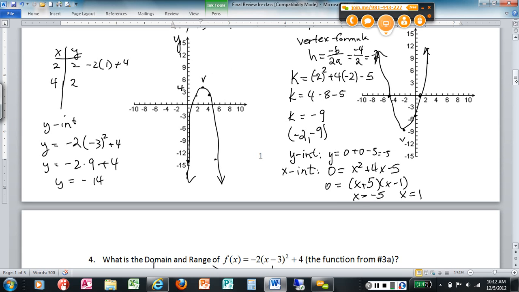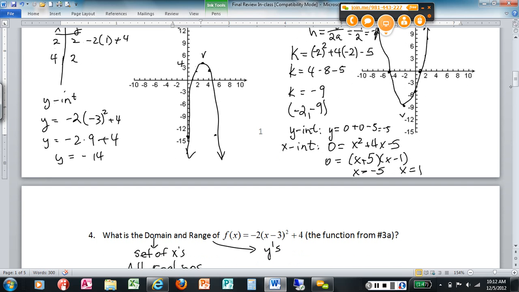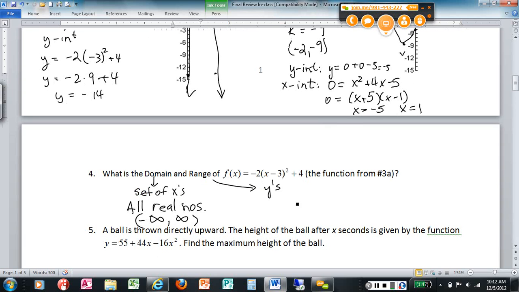So what would you say? Negative infinity to 4. You can go anything negative, but only up to 4 positive, and you would include the 4. So that would be your range. So don't forget about domain and range. All right.